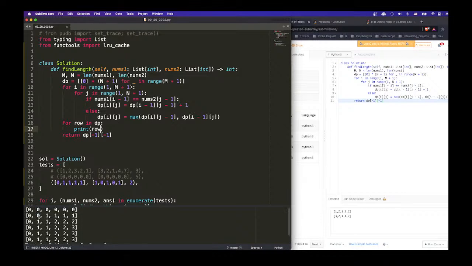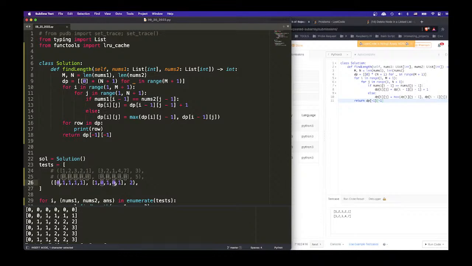So this is 0, right? And then i is nums1, then we go j. So the first row, this is 0, and then we go to the 0. Alright, so that's 1. And this 1 is 1.